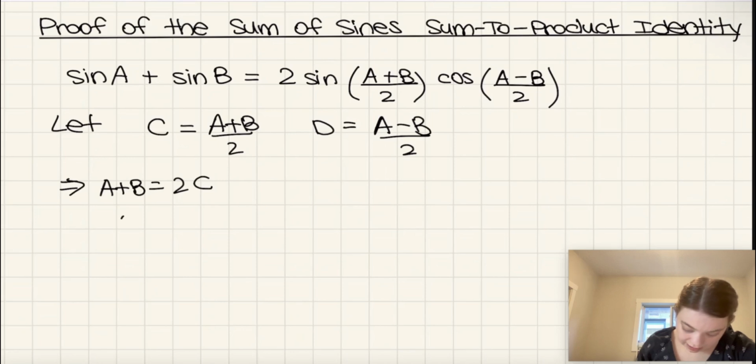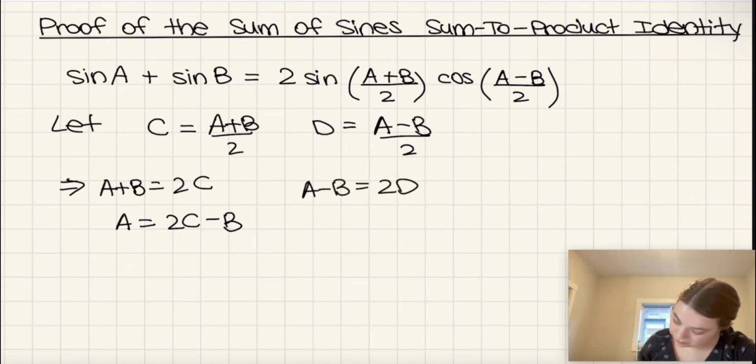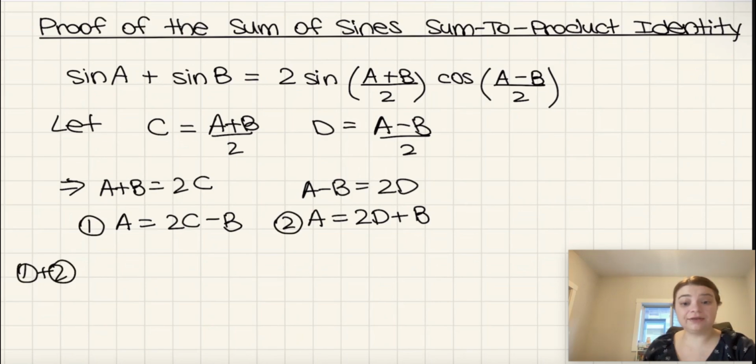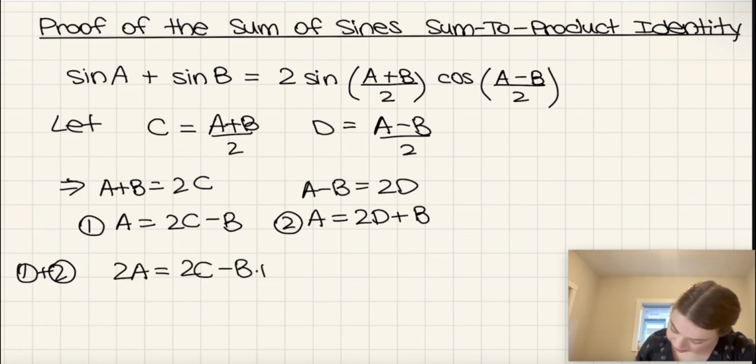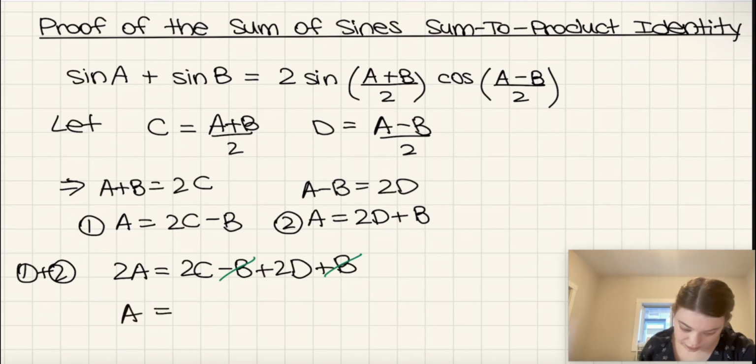Therefore, A is equal to 2C minus B. If I do the same thing here, I get that A minus B is equal to 2D, and therefore A is equal to 2D plus B. Then if we add these equations together, let's call this equation 1 and this equation 2, we end up with 2A is equal to 2C minus B plus 2D plus B. Then the plus B and minus B cancel each other out, and if I divide both sides by 2, I get that A is equal to C plus D.